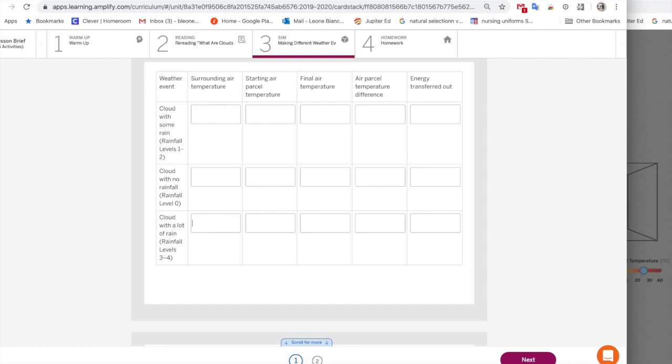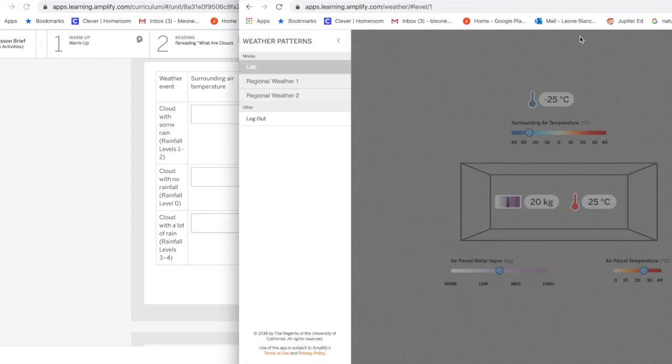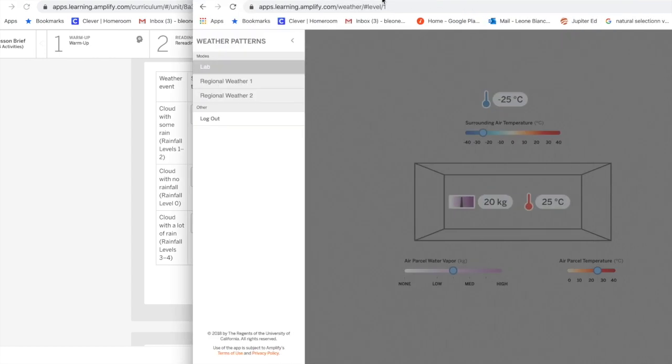Now, we're trying to see the energy changing and how that can affect how much rain. On the side here, it has levels 1 and 2, no rain, level 0, and then levels 3 and 4, which would indicate severe storm.